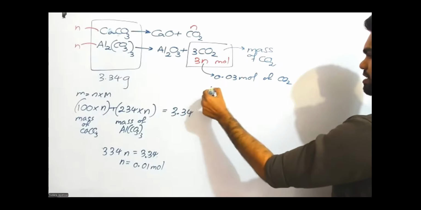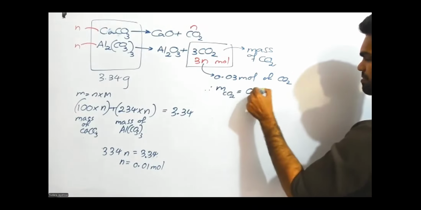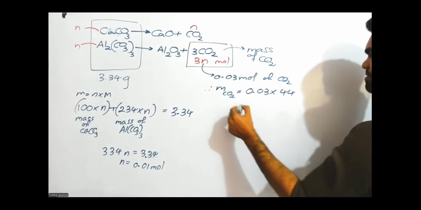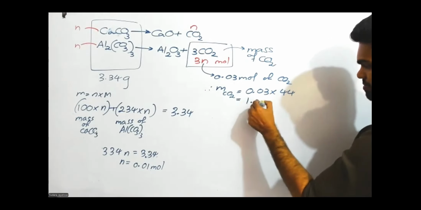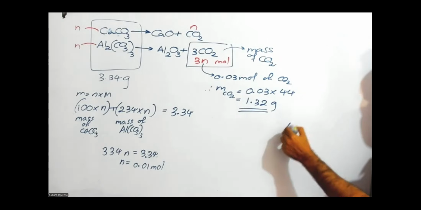Therefore, the mass of CO2 is 0.03 times its molar mass of 44 grams per mole. So you will get 1.32, which is 44 multiplied by 3.